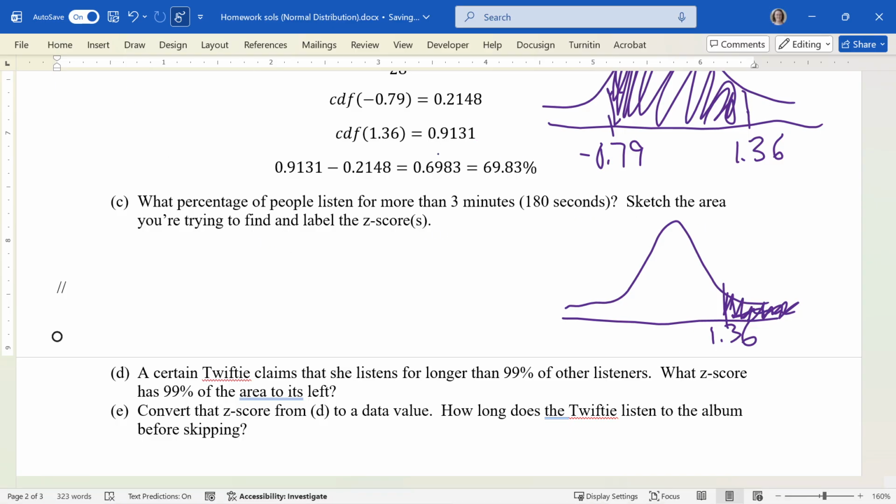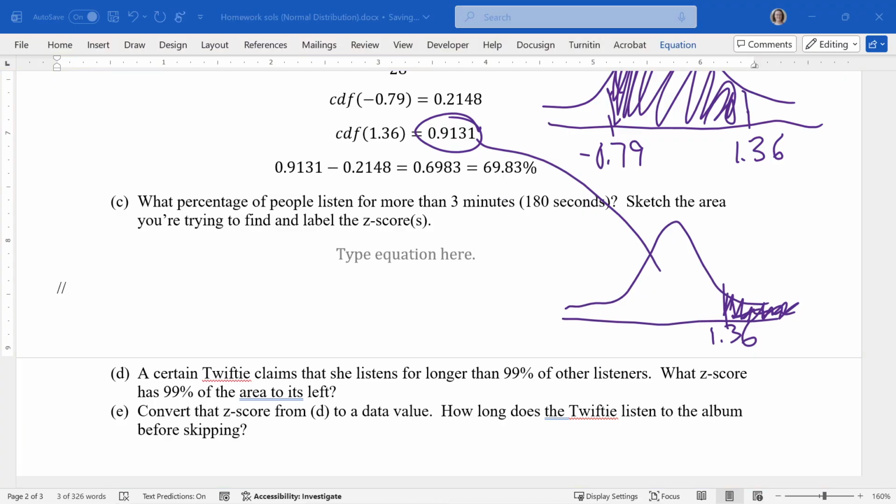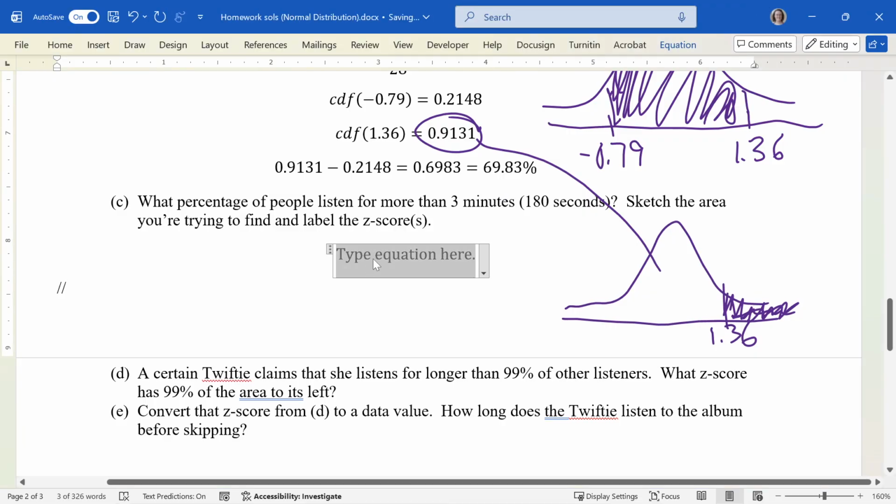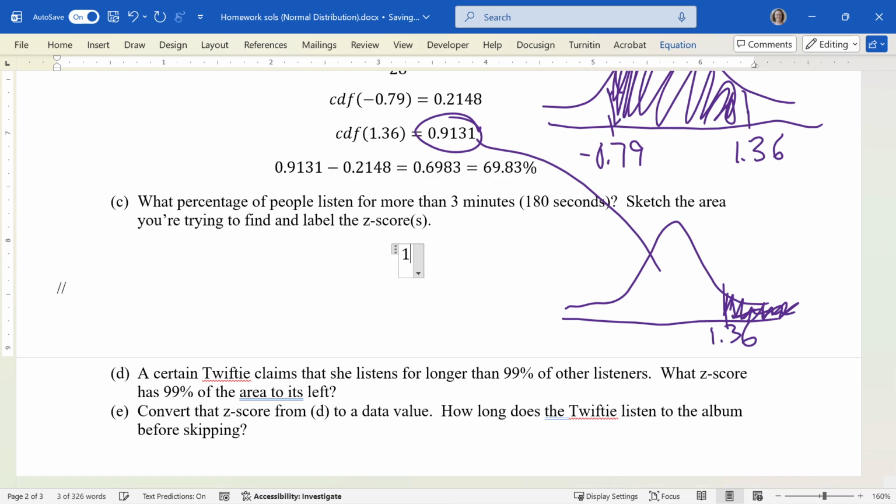All right, so I actually already know the area that was to the left here, and it was this number right here. That is that white area right there. So the area to the left of 1.36 is that 91.31% area. So if I want the opposite of that, I want the area that's to the right, not to the left, I'm going to do 1 minus that. Okay, so when you want the right tail area, you just do 1 minus the left tail.